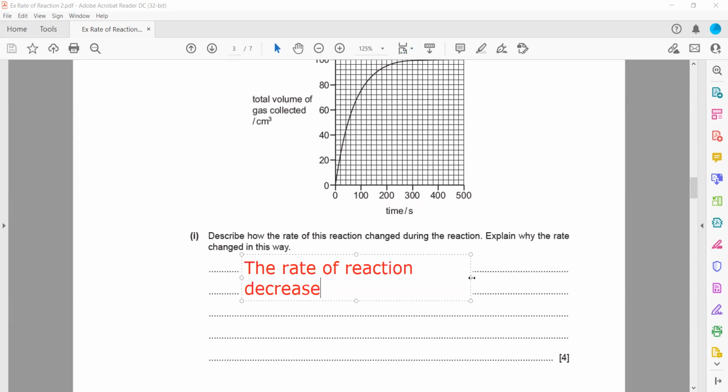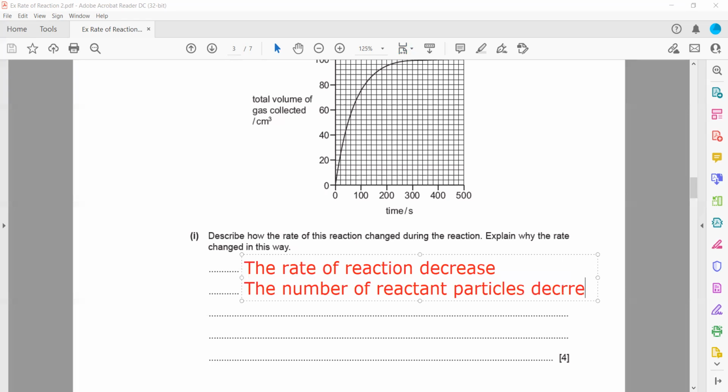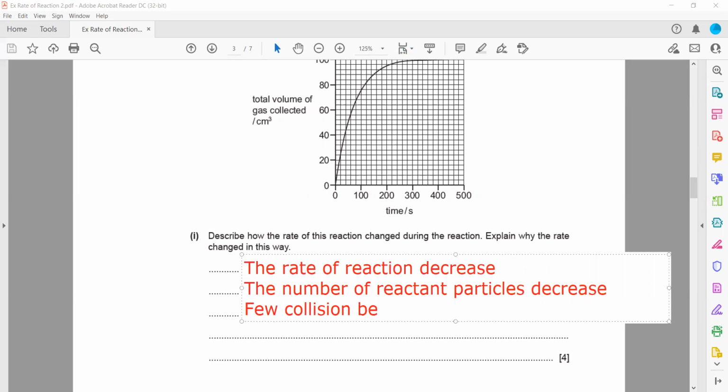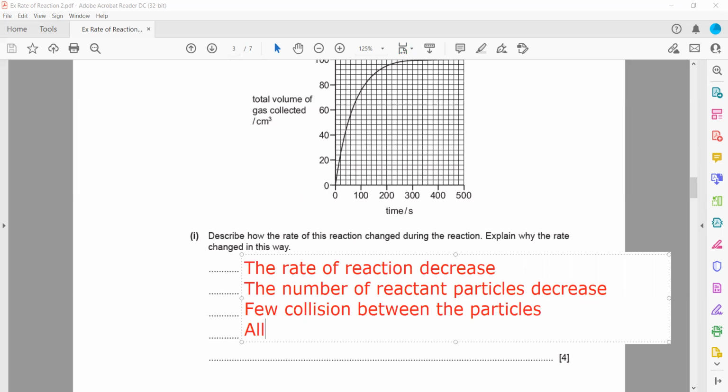And what is the reason why the rate of the reaction is decreasing? Because the number of reactant particles is decreasing. So there will be fewer collisions between the particles, until all the acid is used up.